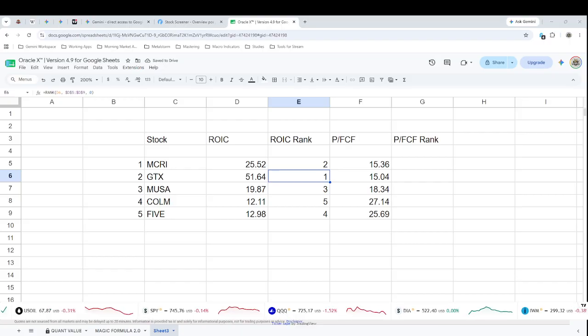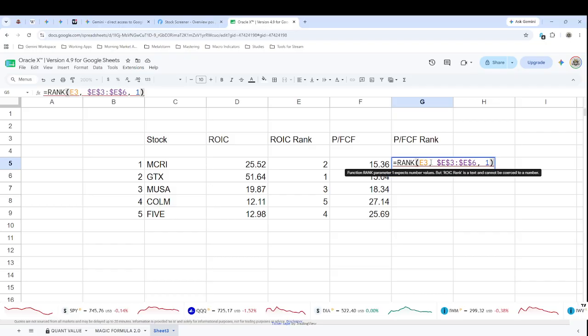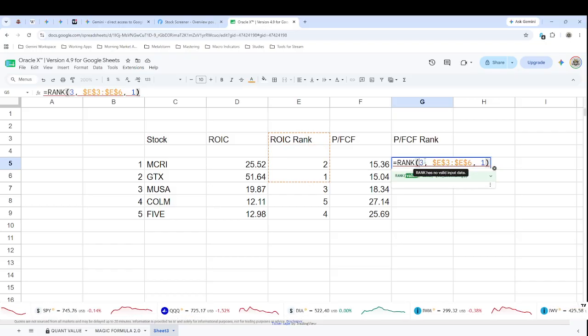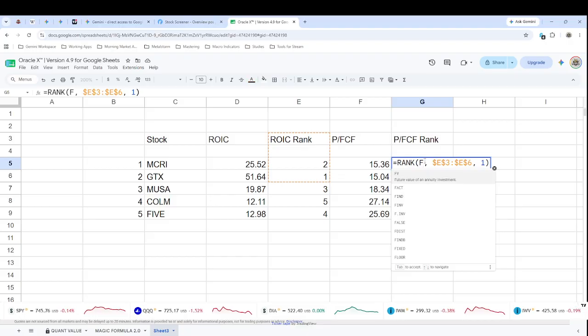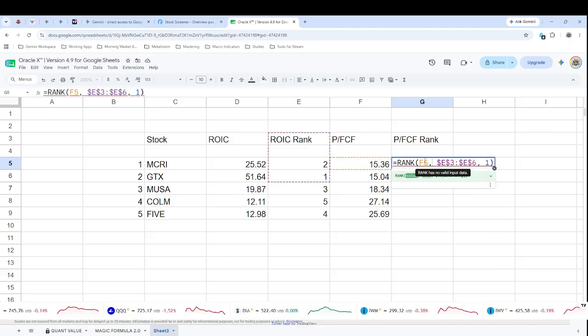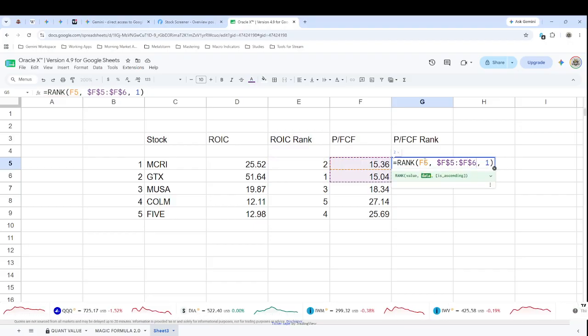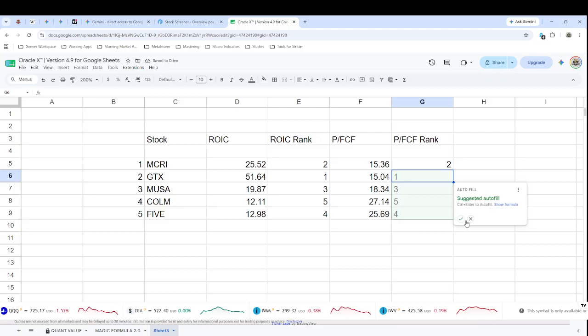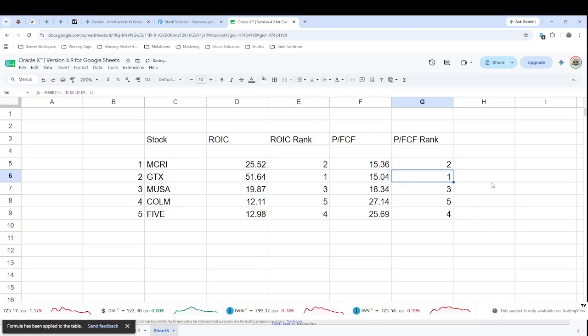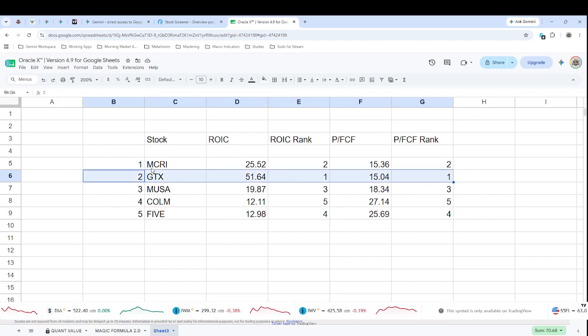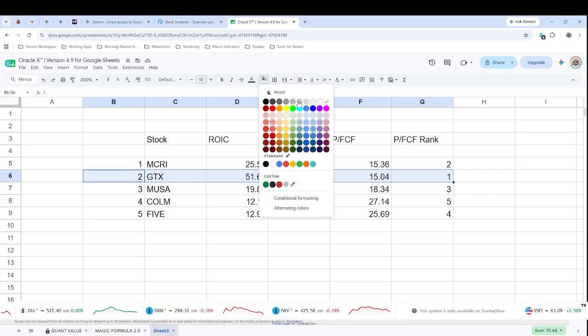Let's say we have to do maybe another group of companies, right? Then all right, so we got F5, I think. F5, F5, F9. Okay. Yep, perfect. Okay. So now GTX stands out. GTX is number one on both ends, right?